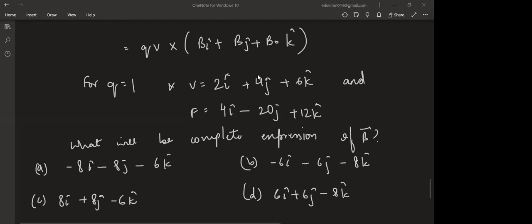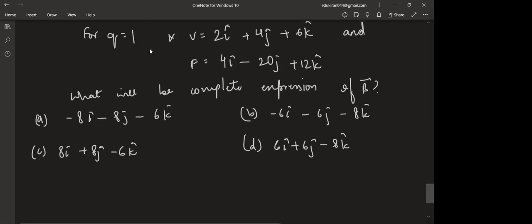See here, this expression Q V cross B is given, but we do not know the exact complete formula for this, right? Now, see, charge value is given, force, velocity, all these are provided.